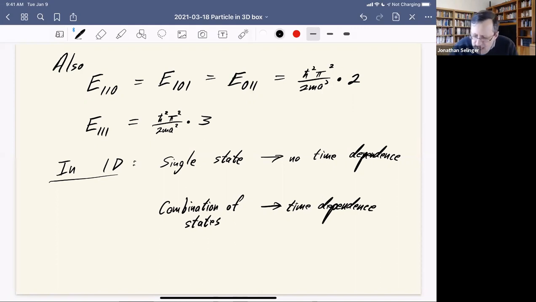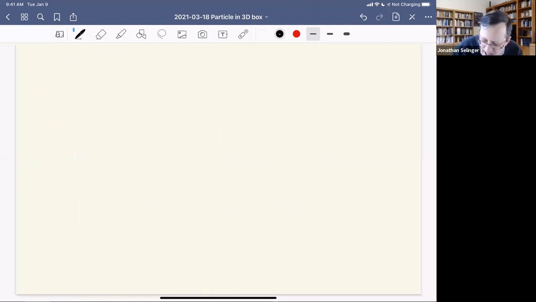In 3D, when you have the possibility of degeneracy, things get a little bit more complicated than that. We would say in 3D, if there's a single state, there's no time dependence.